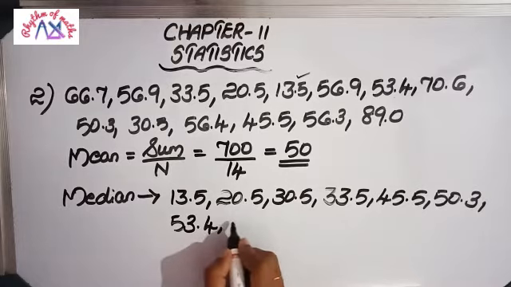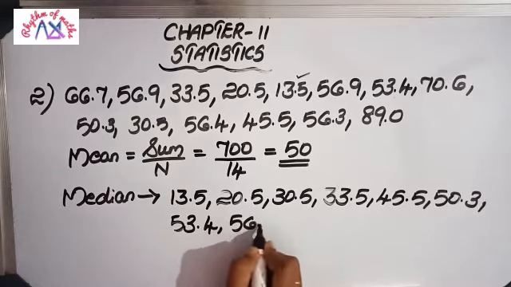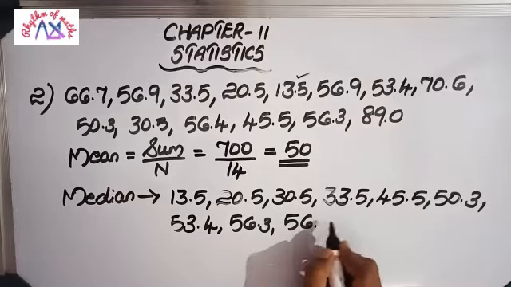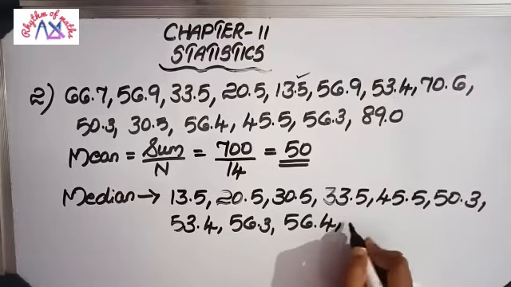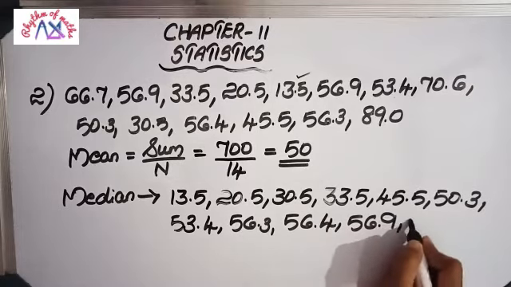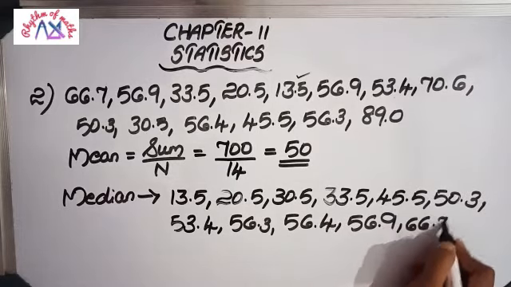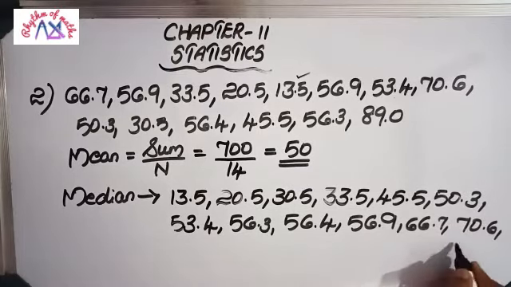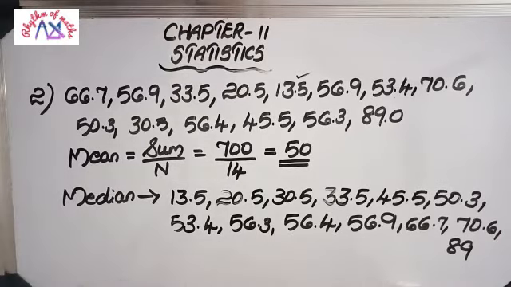Next after 53.4, 56.3, then 56.4, then 56.9, then 66.7, then 70.6, last one 89. So these are arranged in ascending order.